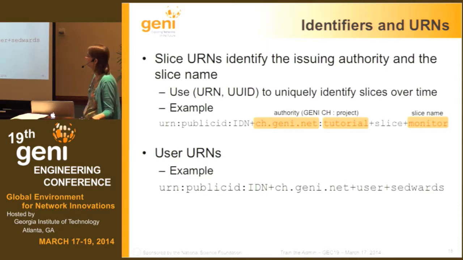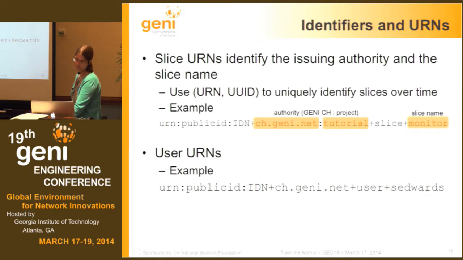And in the case of the portal and clearinghouse, it includes the sub-authority, which is the project name. So we are tying in, it's not just that you're a member of this slice, but you're also a member of this project. That's tied in pretty fundamentally into how those particular accounts work.